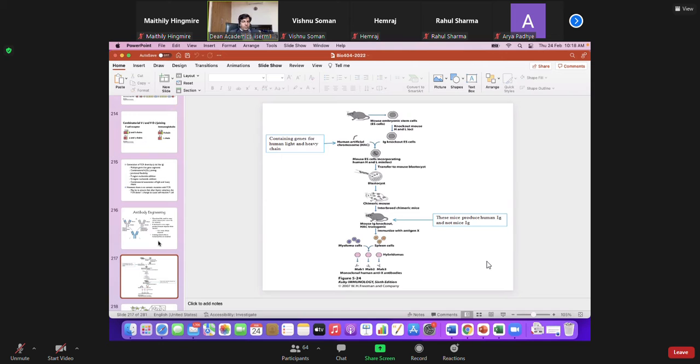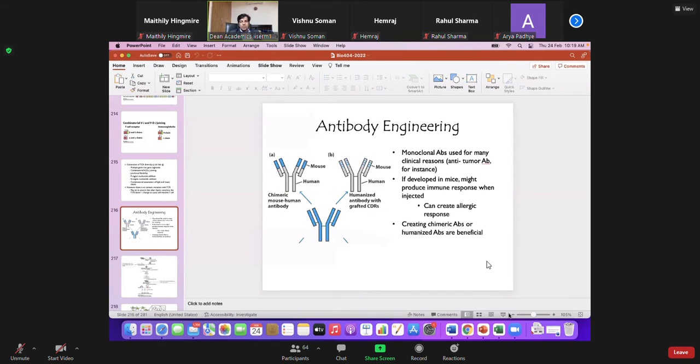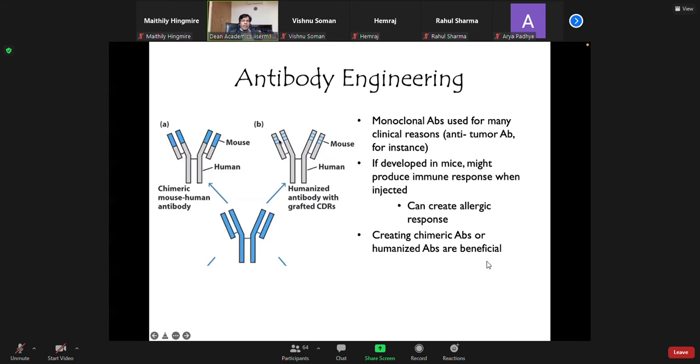Okay, so in this case, basically what you do is you keep the region which interacts with the antigen the same from a heterologous species, and you change everything else. Okay, this approach is also called CDR grafting.